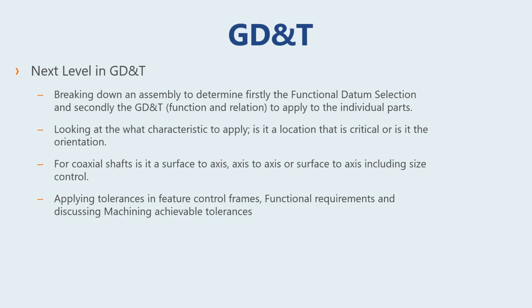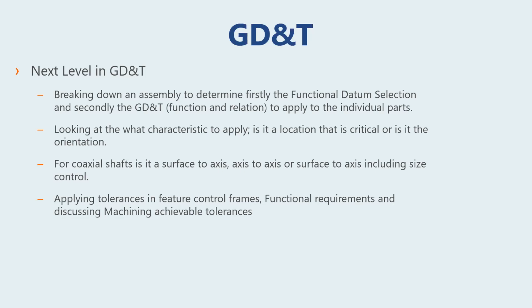So we always look at the assembly and then think about the functional datum selection. In other words, what are your mounting faces? How is this part going into the assembly or into the piece of equipment or machinery that it is designed for? We look at functional datum selection and ask, what is the largest mating surface?